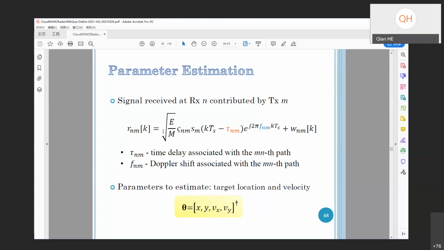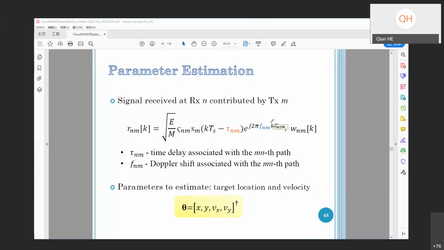But now we're doing estimation. That means suppose you know there is indeed a target, and you want to understand the fine position of the target. So you want to tell the location of the target, and the location of the target has to do with the delay.